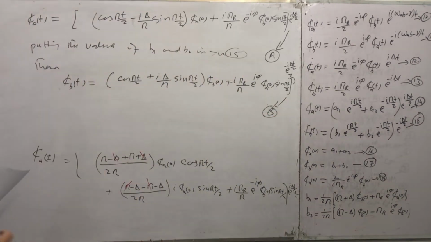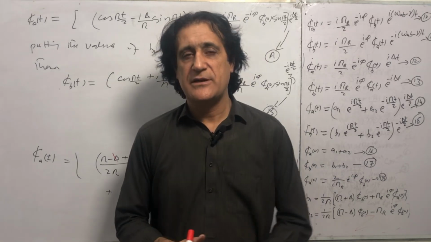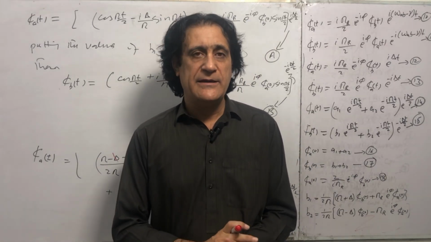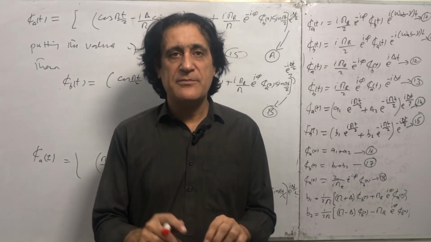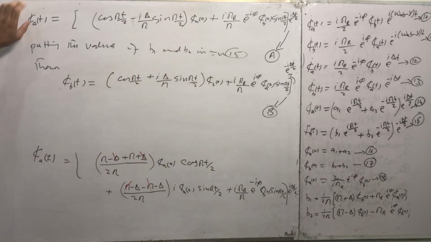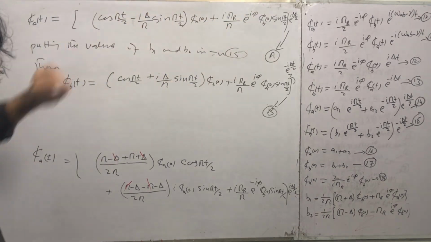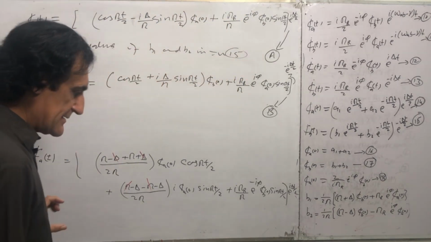So we have found out the goal of this system. We started this atom-field interaction with a single mode, and our goal was to find out the values of C_A and C_B, and finally we found C_A(t), which has the expression like this, and C_B(t), which has the expression like this.